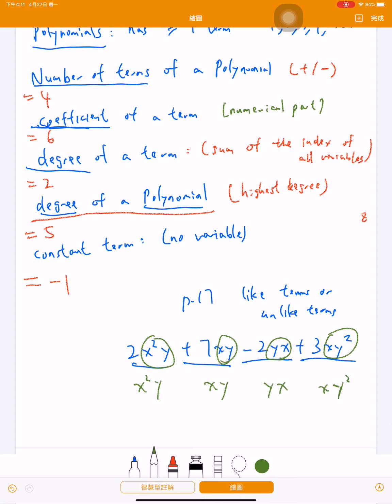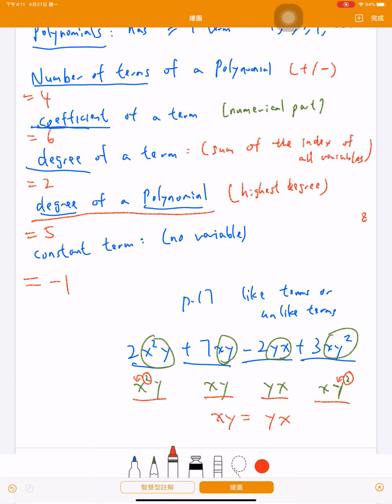You can see we have 4 terms here, but these 2 terms in fact are the same, because we know that for multiplication, xy is equal to yx, right? But for these two, they are not the same because the square is on different variables. This one, the square is for the y. This one, the square is for the x.